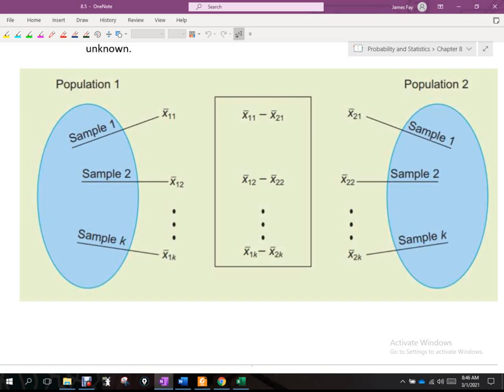Does that make sense? We start subtracting those differences, and we keep doing that all the way through. Now we have a cluster of sample mean differences that we can put confidence intervals to.